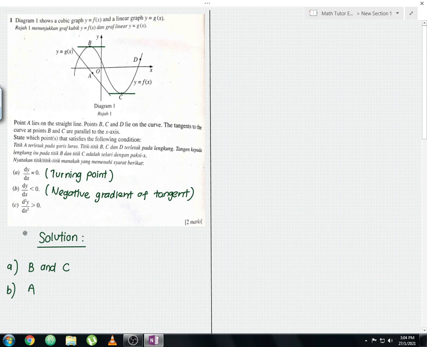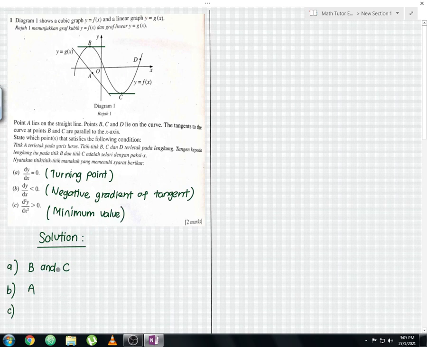Okay, let us take a look at the last part of the question, which is part C, where they ask us to state the point which satisfies the condition where d²y/dx² is more than 0. This double derivative indicates that we are asked to find a minimum value.